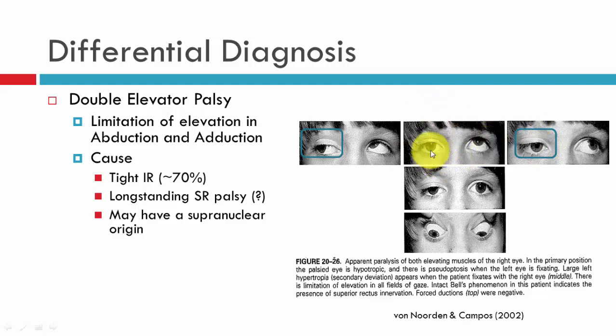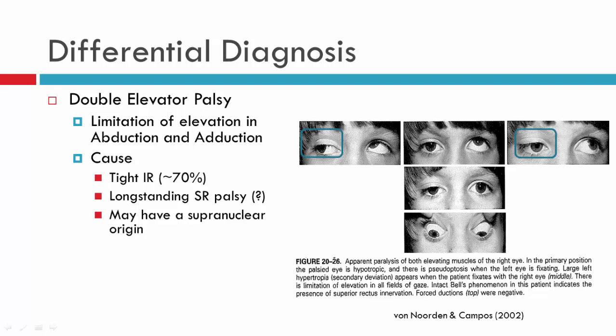And in direct elevation, we obviously will have limited elevation as both the superior rectus and the inferior oblique are affected. Now, this is not a third nerve palsy. It's considered to be perhaps a tight inferior rectus in most instances, and it could even be of supranuclear origin. So bear this in mind, and it's important to distinguish a third nerve palsy from a double elevator palsy.